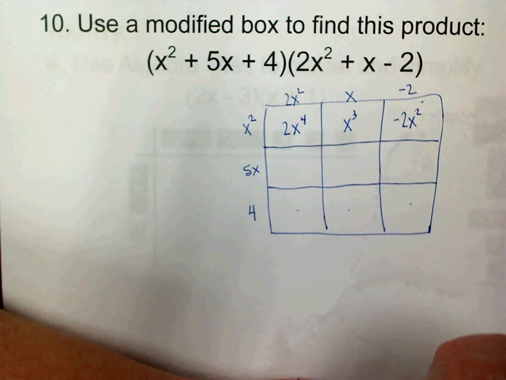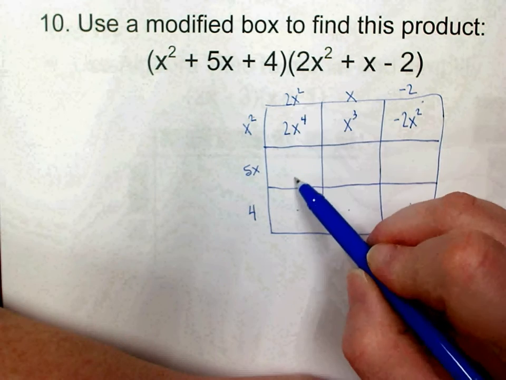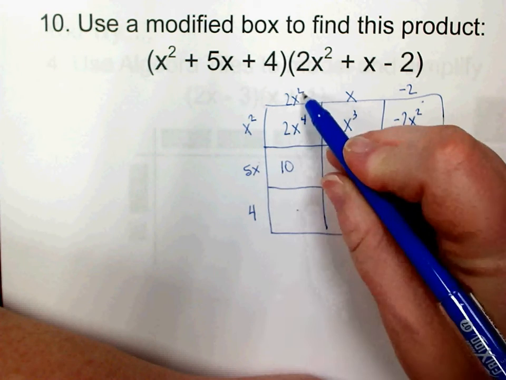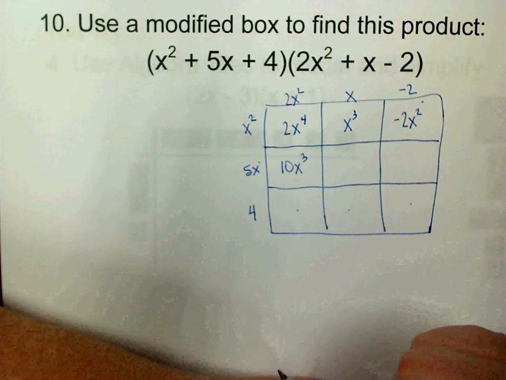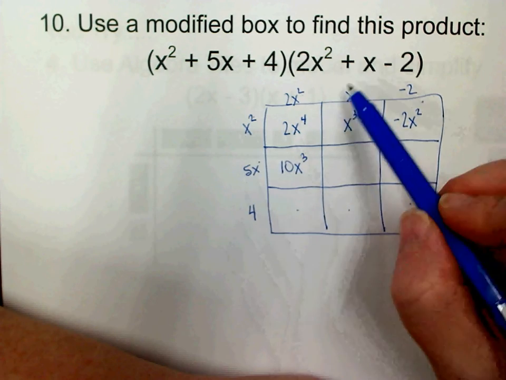Here we're multiplying 5x by 2x squared, so the 5 times 2 gives me a 10, and when we add those exponents, 1 plus 2 is an x to the third. Here we're multiplying 5x times x, so that 5 times that understood 1 still gives me a coefficient of 1''.